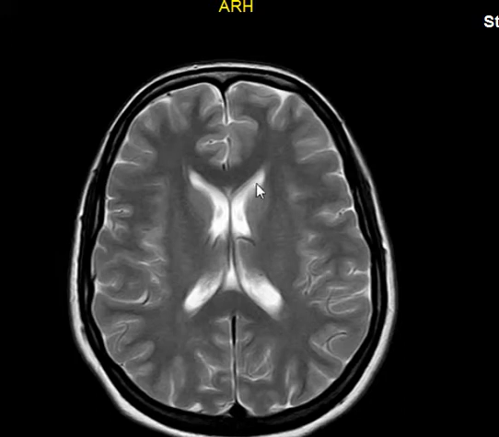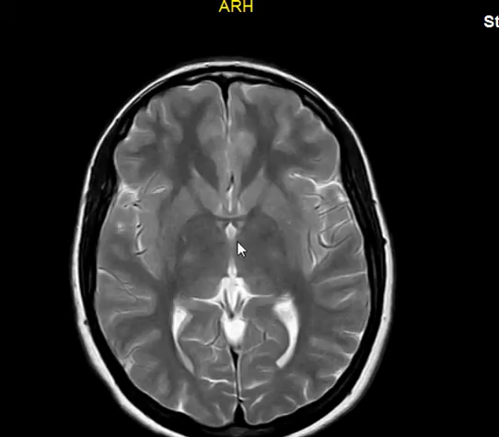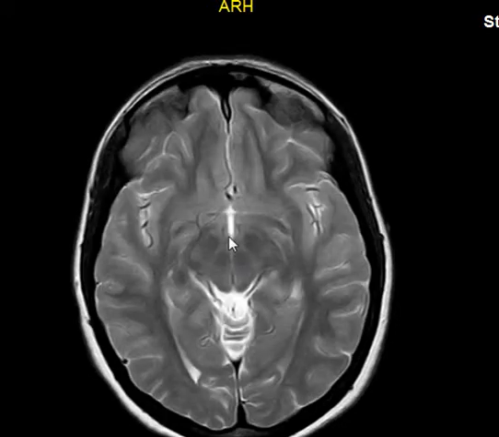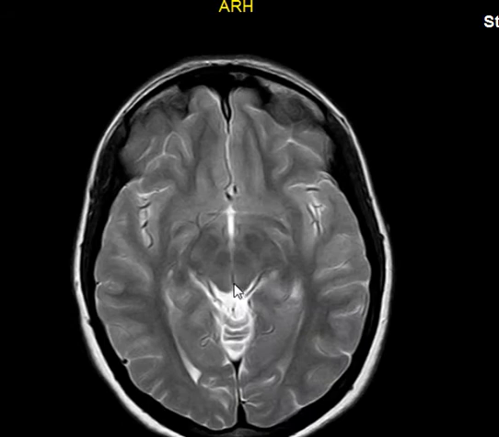Then the lateral ventricle opens through this small tiny foramen, which is called the foramen of Monro, into this slit-like ventricle, which we call the third ventricle. Then the third ventricle goes into this tiny dot, which is the duct called the cerebral aqueduct of Sylvius.